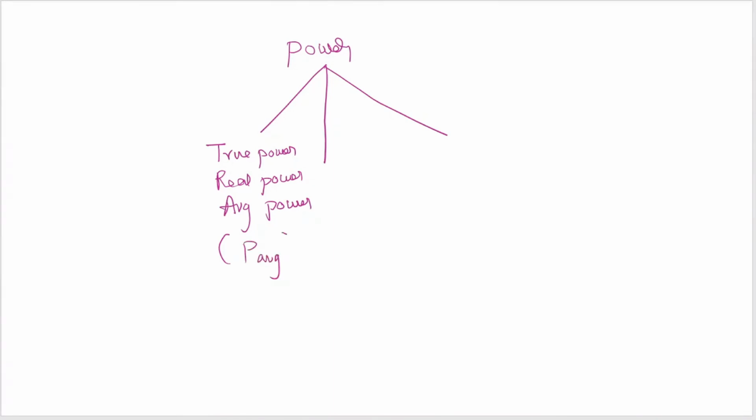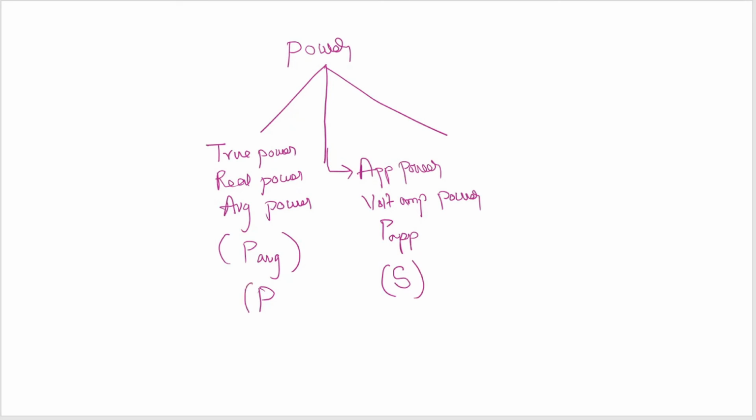Always we write it as P. The next one is apparent power, or it is called volt ampere power, and it is denoted by P apparent, or usually by the letter S. S is the denotation of apparent power.